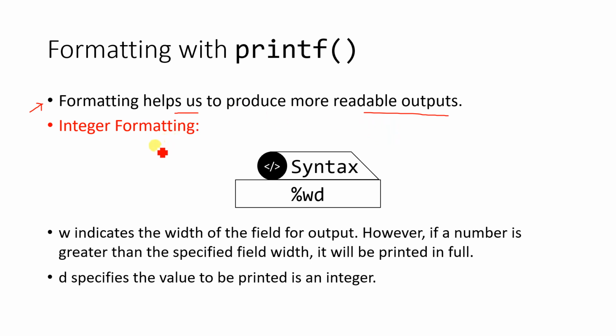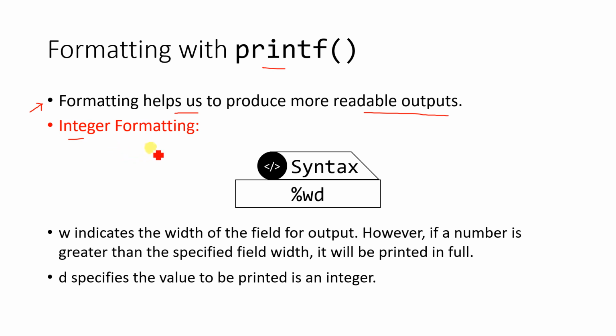To do that, there are two ways of using the formatting options of the printf function. One is called integer formatting and the second is called real number formatting. In this lecture we will focus on integer formatting, and I will create another video to discuss real number formatting.